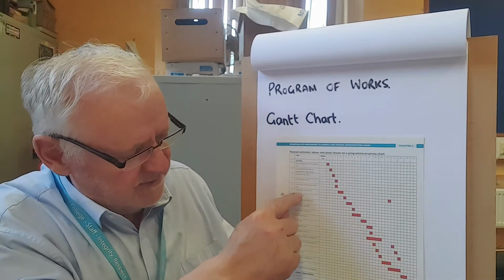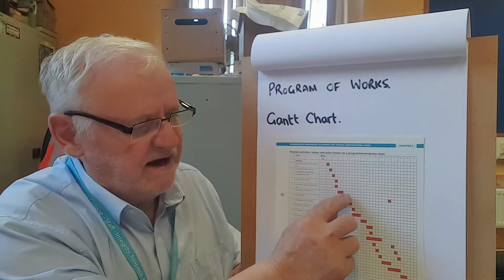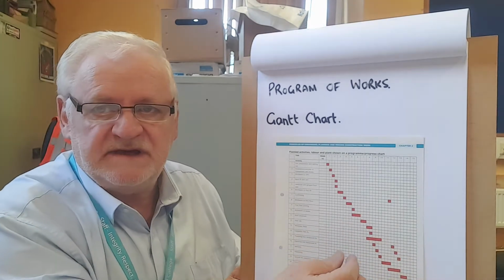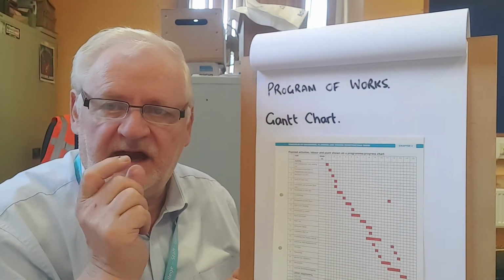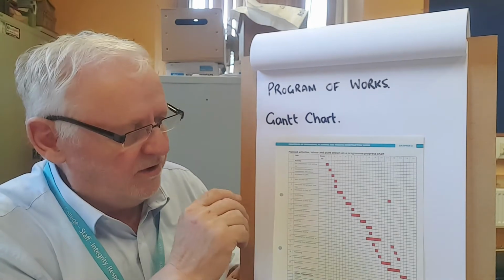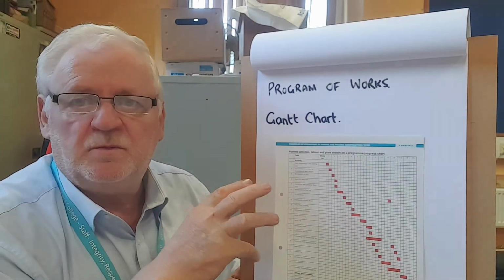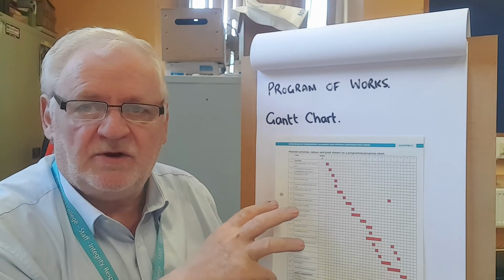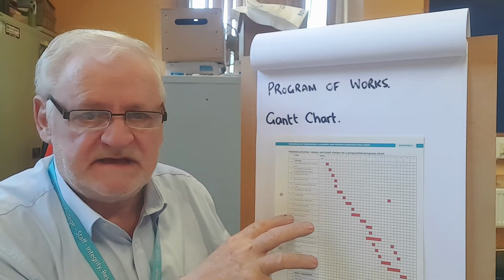And all of these operations are listed, and then the time is put in, a bar is put in to describe exactly how long it's expected that work will take. Now, not everything that you would want to see is able to be seen on a Gantt chart. You can't see every detail.